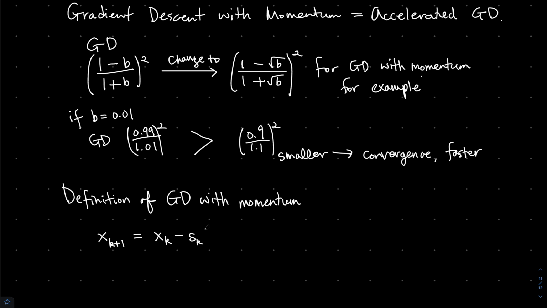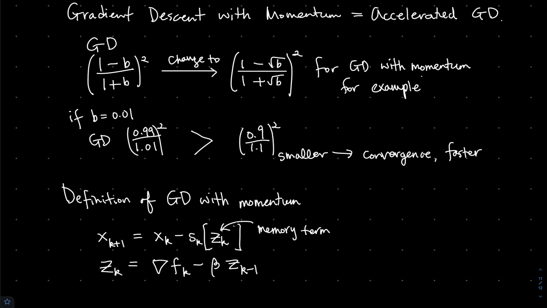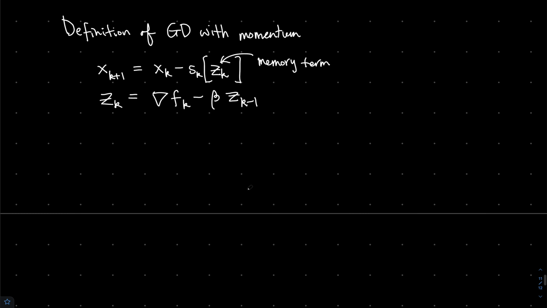But here, now instead of the gradient, we will insert another term called zk. Now this zk is the memory term. And this zk is defined as the gradient at k corrected by or augmented with the memory of the previous memory term.